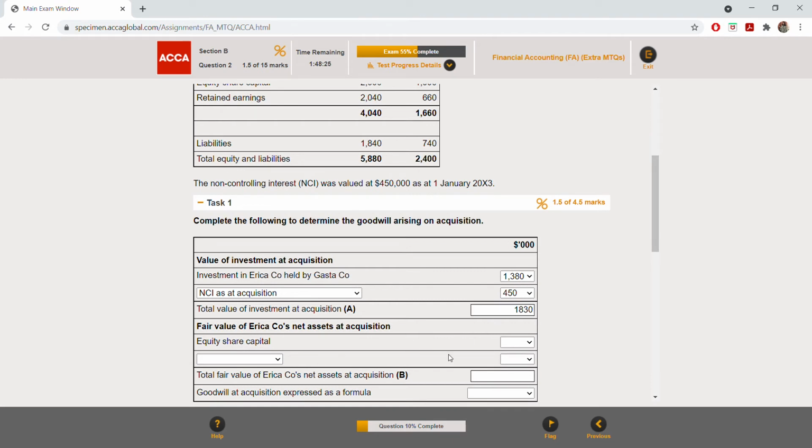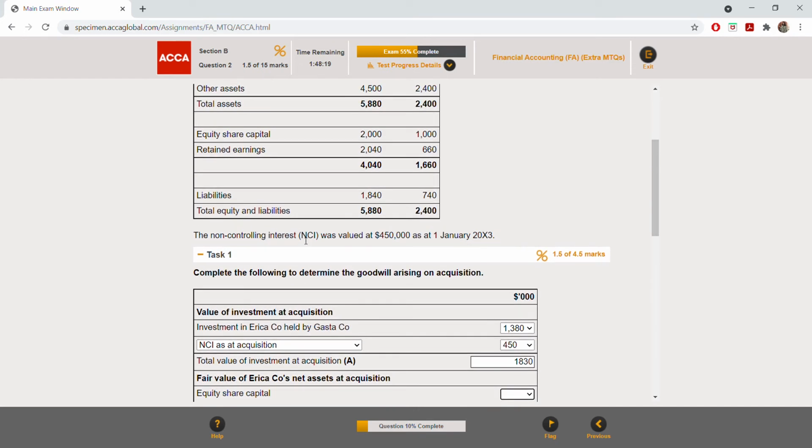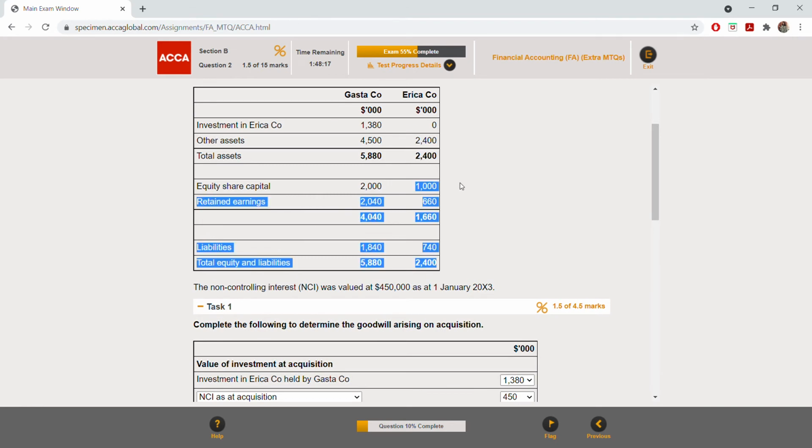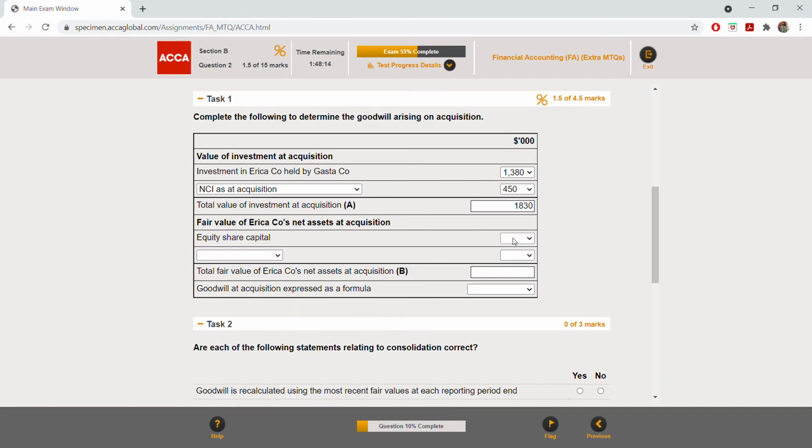Next, equity share capital. What is the equity share capital? It is 1000, because it is Erica's. Next, after equity share capital, what is the next item? Retained earnings.